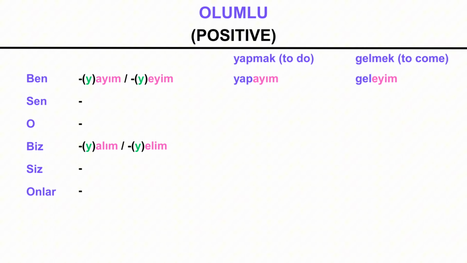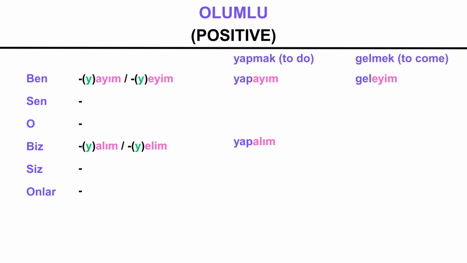Now let's look at the conjugation for biz. It will be alım or elim, yalım or yelim, depending on the last letter and the vowel. Now let's see the examples. Yapalım here means let's do, let's make.